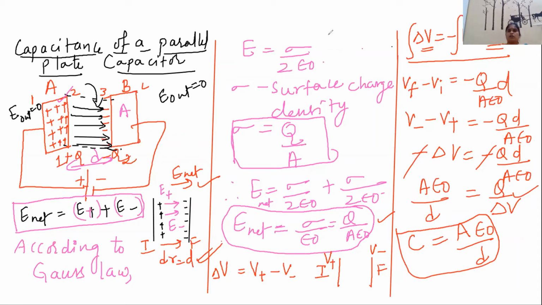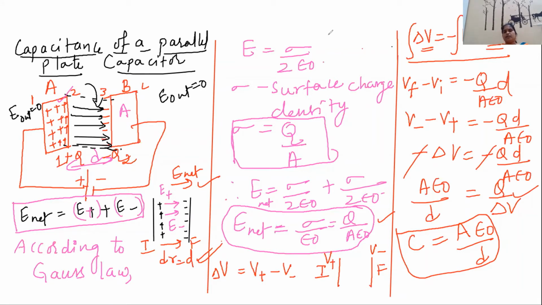Okay, so this is one of the parts. We studied till now the definition of capacitance. The SI unit of capacitance is farad, and the capacitance principle is Q is equal to CV, as the charge stored on the plates of a capacitor is directly proportional to the potential difference between the plates.